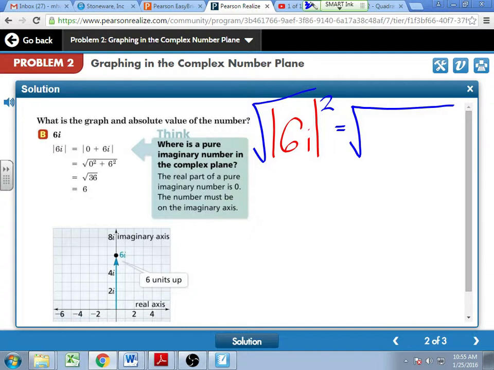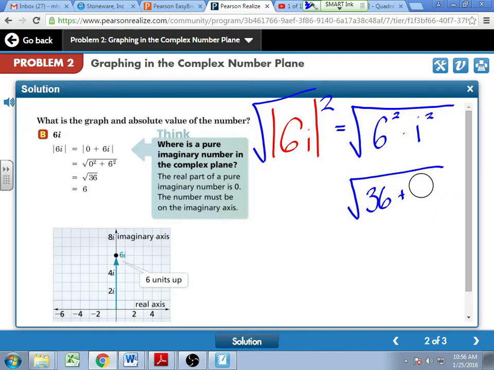I don't. So the 6 is going to get squared. The i gets squared. When the i gets squared, well, I guess I can go ahead and write that out. That's 36. But the i squared is -1. But since we're only looking at the absolute value, I can't have -1.